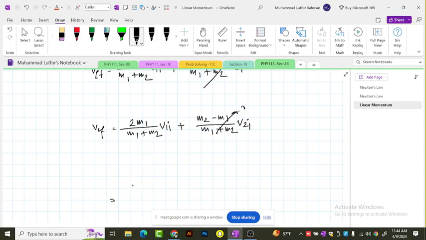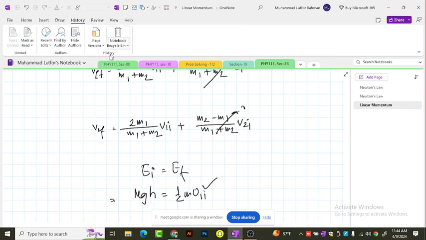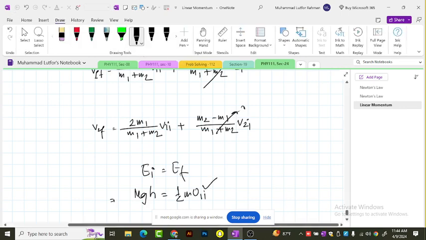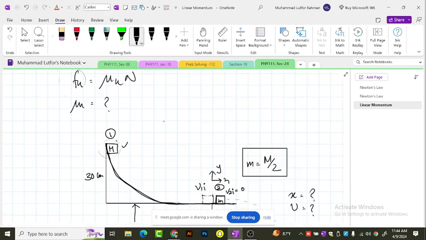So I have mgh must be equal to half m V1I squared. Do you understand? Because it has that potential energy, whatever it has must be converted to kinetic energy over here. That's why I write down that part.